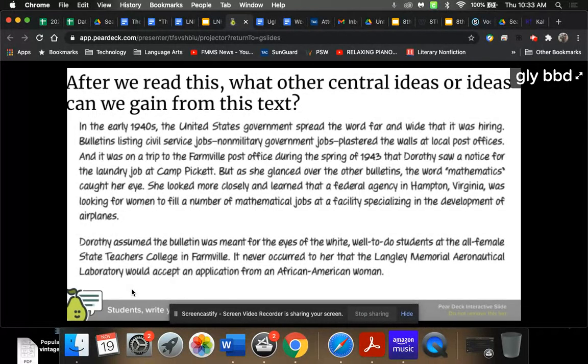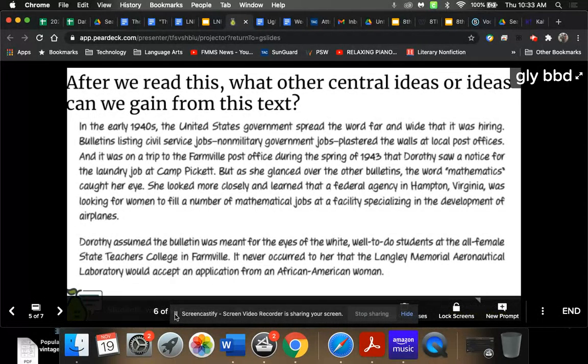She looked more closely and learned that a federal agency in Hampton, Virginia, was looking for women to fill a number of mathematical jobs at a facility specializing in the development of airplanes. Dorothy assumed the bulletin was meant for the eyes of the white, well-to-do students at the all-female state teachers college in Farmville. It never occurred to her that the Langley Memorial Aeronautical Lab would accept an application from an African-American woman.